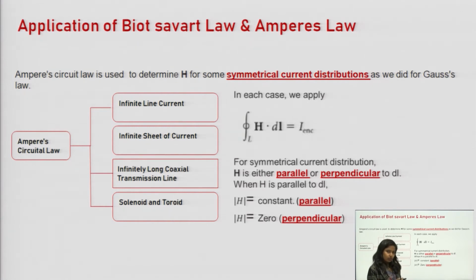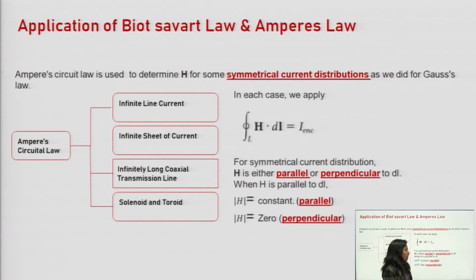So let us know what the symmetrical systems are. Some examples of symmetrical systems are infinite line current, infinite sheet of current, infinitely long coaxial transmission line, solenoid or toroid.